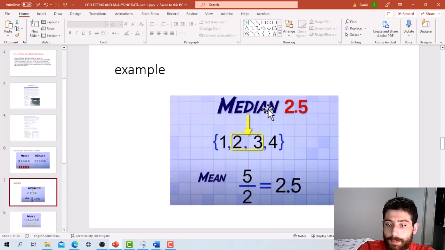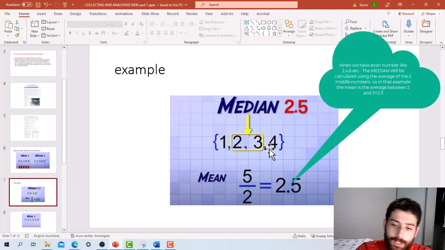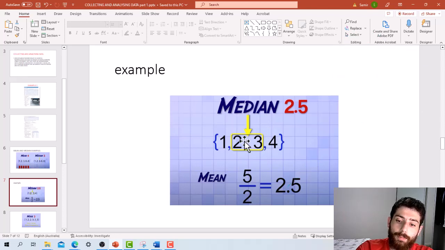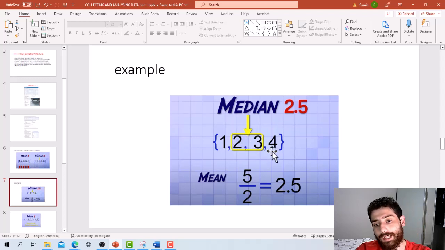But sometimes the median can be tricky, because sometimes we have an even number of numbers. So here we have 1, 2, 3, 4, which is 4 numbers. We cannot get the median easily here, because if I choose 2 as the median, it's not right, because there is only one number lower than 2, but 2 numbers higher than 2.